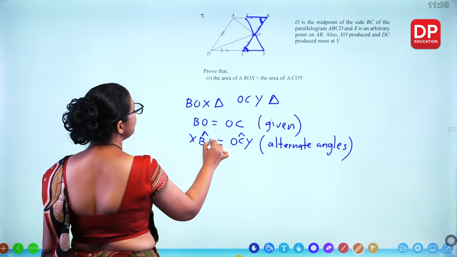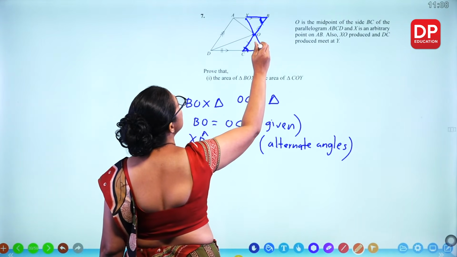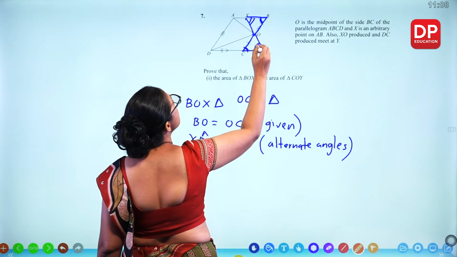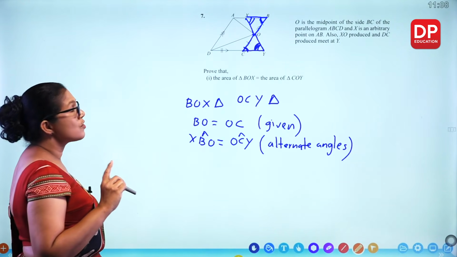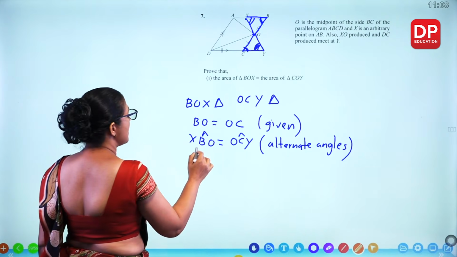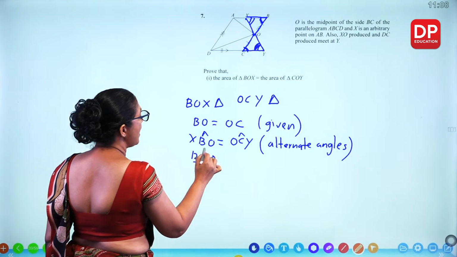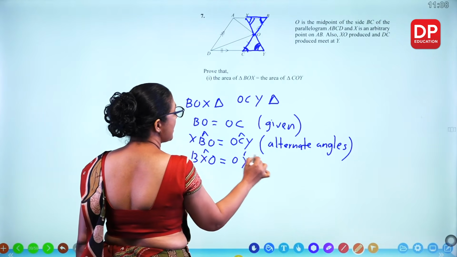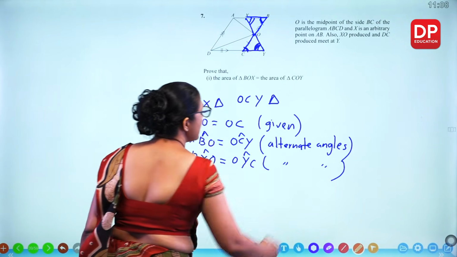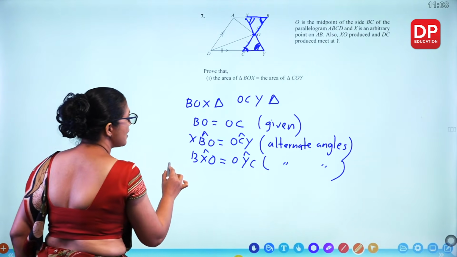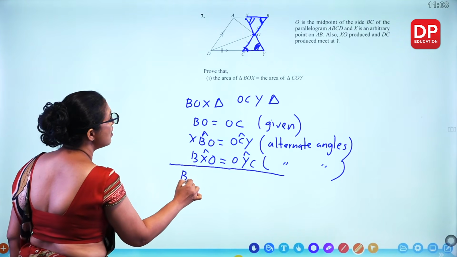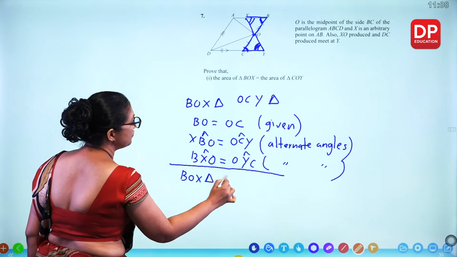Other side, this angle is same as this angle. That's also alternate angles. BXO angle is same as OYC angle, alternate angle. So what can you say about these two triangles? These two are congruent.